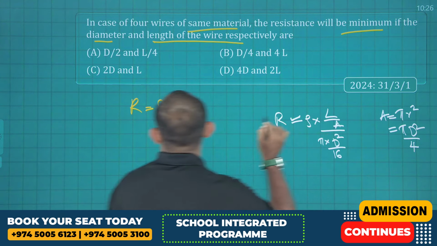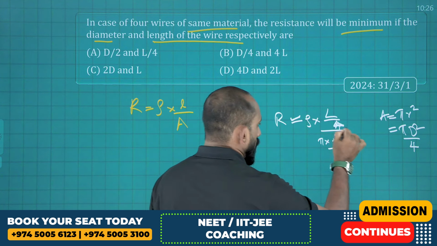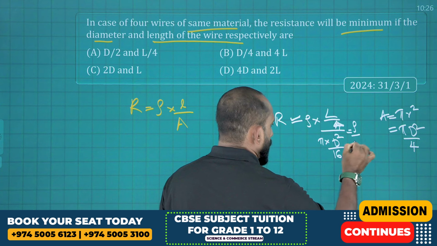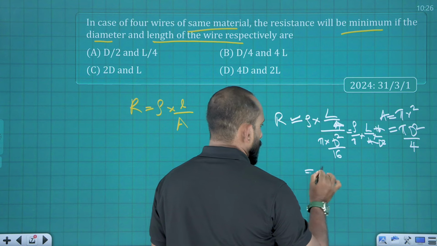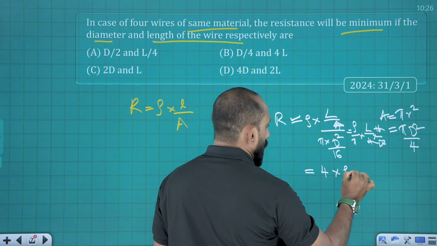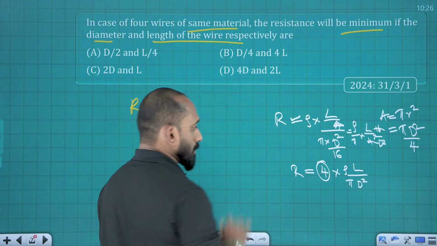It will become L by 4, so it will be rho by pi, then L by 4 into 16 by d square, that is 4 times rho L by pi d square. So 4 times R is coming in case 1.